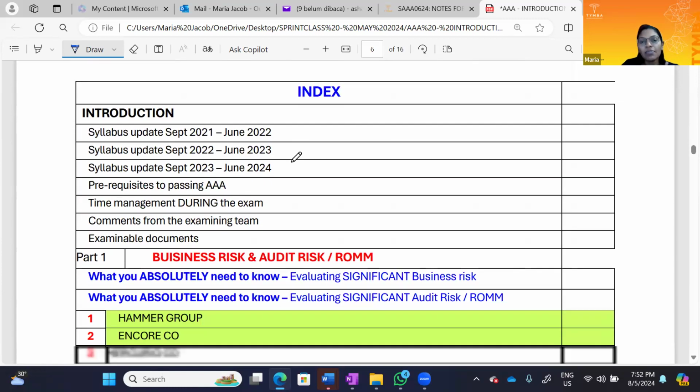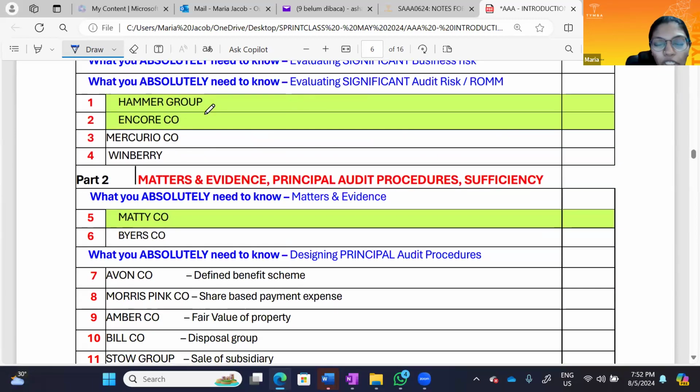This is my index, and these are the questions that I'm planning to do with you. Some of the questions we can get from BPP, some of the questions we might have to use the practice platform to do, because the questions are not available in the BPP text or the revision kit. I'll extract it and upload it for you so that we can do it together in the class.